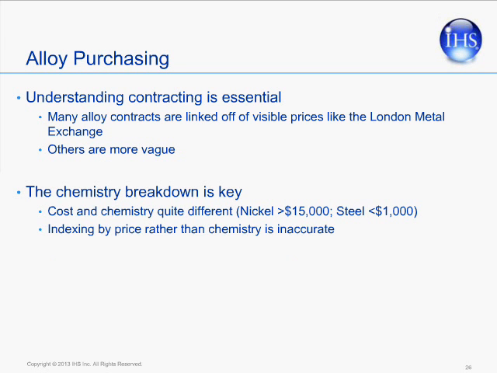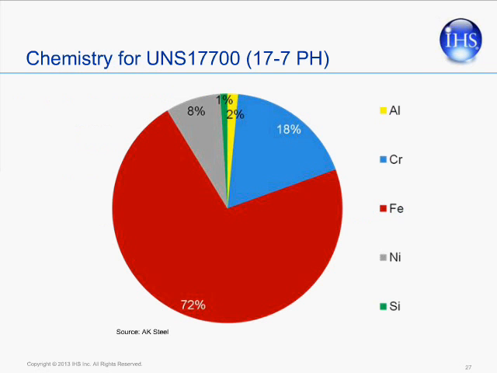I'll show an example of that because I think it's a difficult concept to just picture without something staring you in the face. So we'll look at that, and we'll also look at how indexing by price can sometimes be a little inaccurate, and so that's why we recommend indexing by chemistry within the alloy cost calculator. Here is the chemistry for the product that we're looking at.